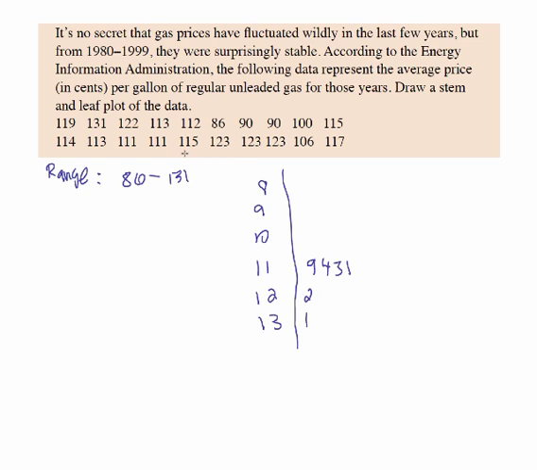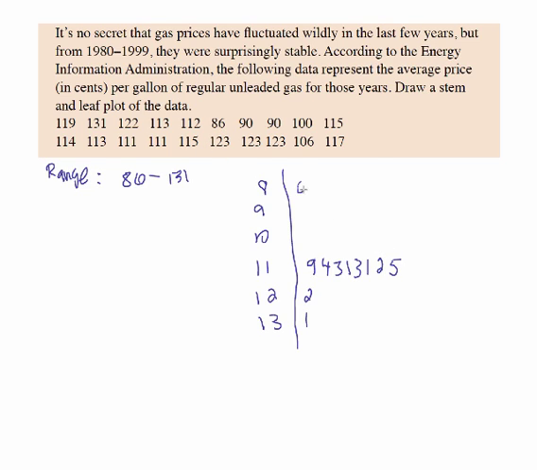Next column has a 113 and a 111. Both of those begin with 1, 1, and the last digit is 3 and 1 respectively. Next up, 112 and 115. Both of those also begin with 1, 1, and the last digit is 2 and 5. Next up, 86 and 123.